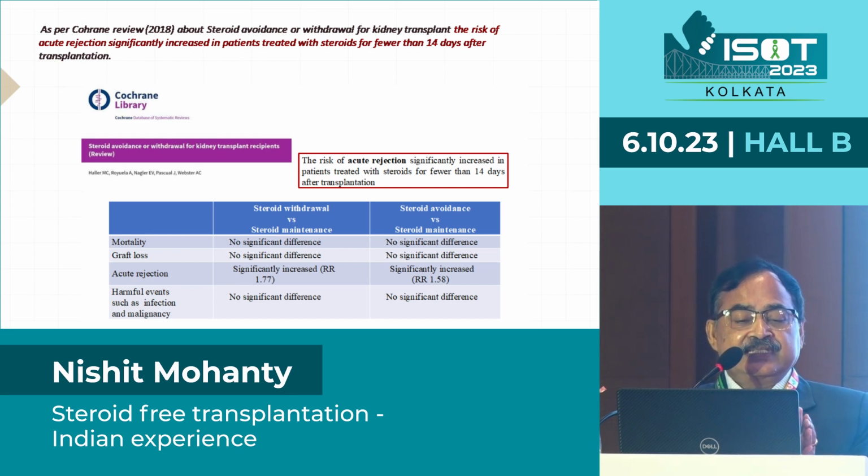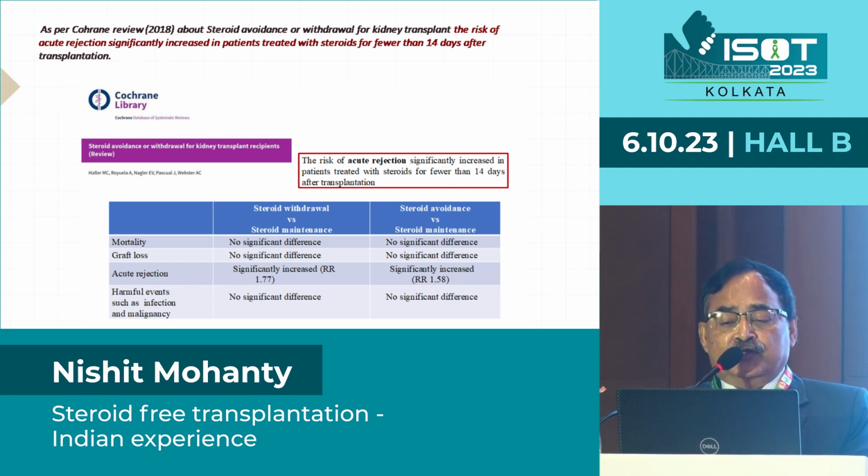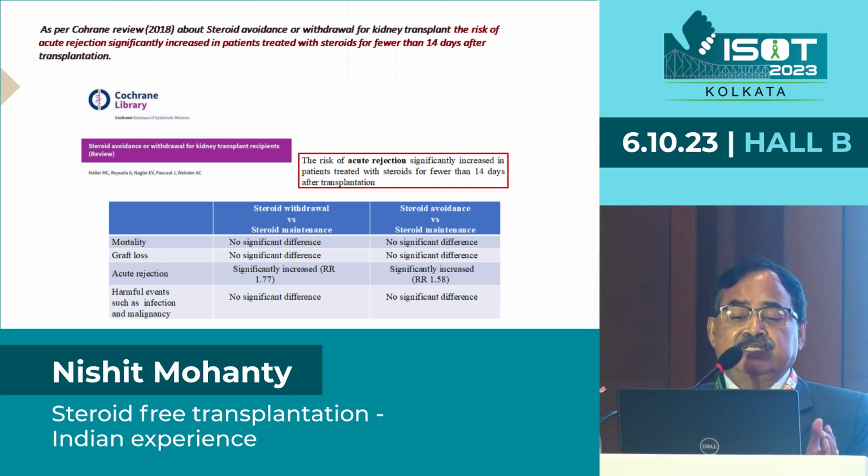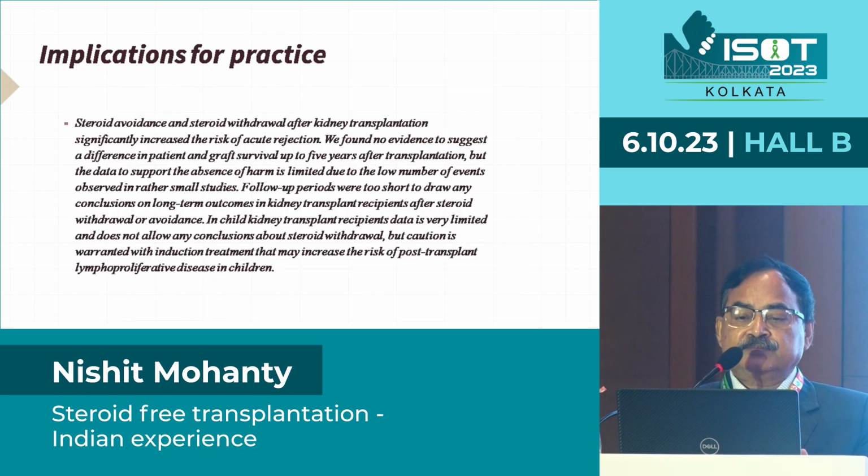But as far as acute rejection is concerned, there is a significant increase in acute rejection in steroid withdrawal cases and also in steroid avoidance cases. The hazard ratio was 1.77 in steroid withdrawal and 1.58 in steroid avoidance.